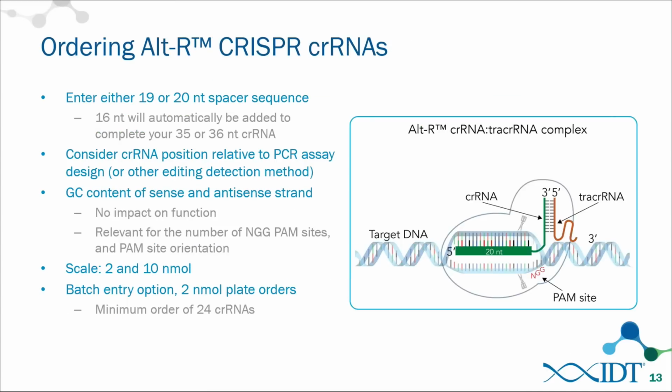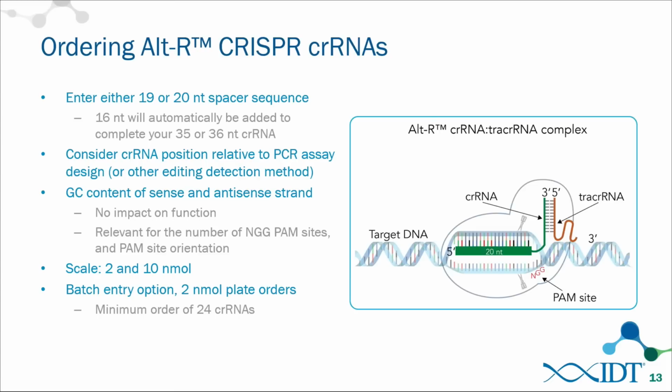And as you might be thinking, the 20 custom nucleotides in our configurator ordering tool are automatically appended with the additional 16 bases on the 3' end of the Alt-R crRNA, which will yield a 35 or 36 nucleotide crRNA as we discussed before.